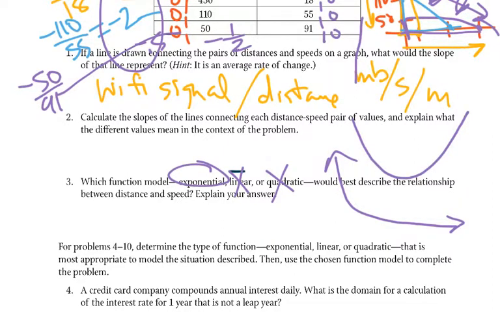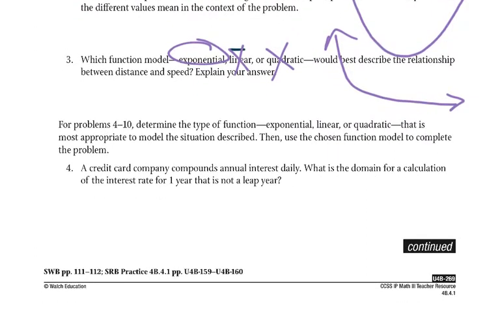For the rest of the problems, determine the type of function, exponential, linear, or quadratic, that is most appropriate to model the situation described, then use the chosen function model to complete the problem. Number 4: a credit card company compounds annual interest daily. What is the domain for a calculation of the interest rate for 1 year that is not a leap year? There'd be 365 days in a year.